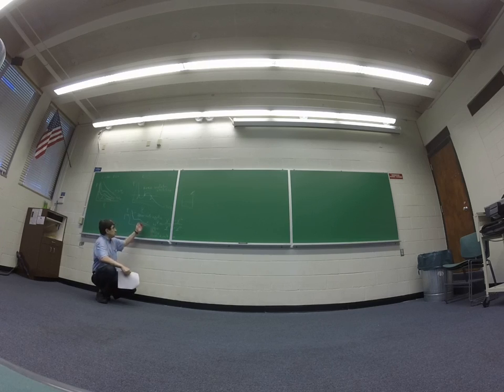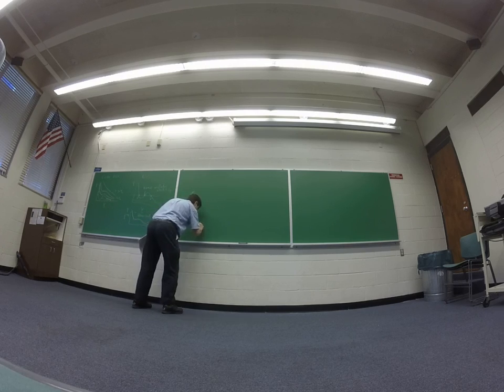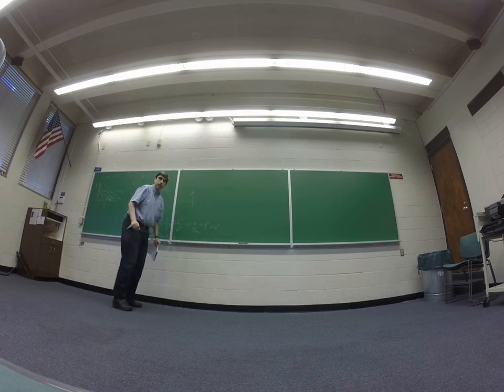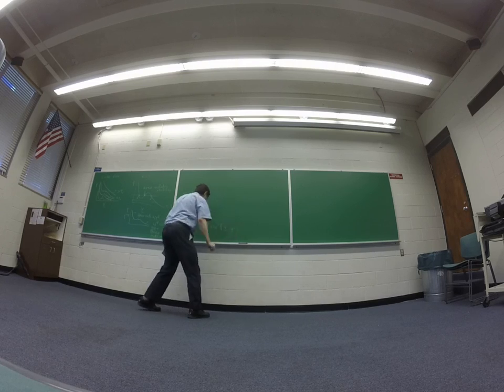Another way to say this is, if you have a certain mole fraction of vapor, omega, the molar volume of the mixture is going to be equal to V liquid plus the mole fraction omega times V vapor minus V liquid.